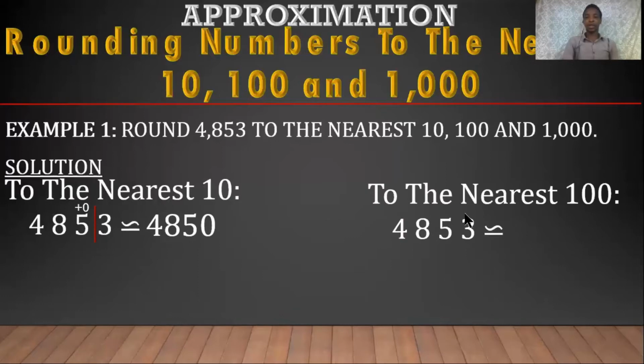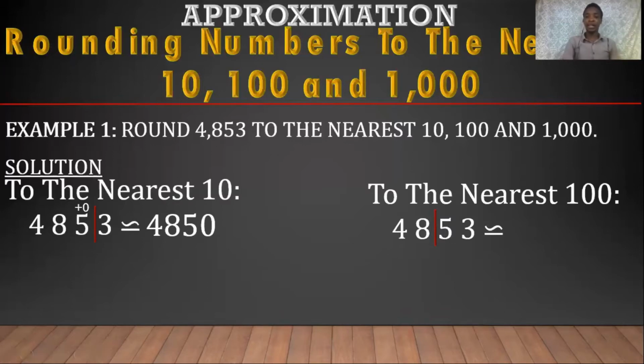Now to the nearest 100. Again, I'll check my place value. 3 is my unit, 5 my tens, 8 my 100. So I'll draw my line to the right of it. Once I draw my line, I'll check the number immediately after the line. Please don't go to 3, check the number immediately after the line, which is 5. Will I round up or down? Definitely I'll round up because it is 5 or more.